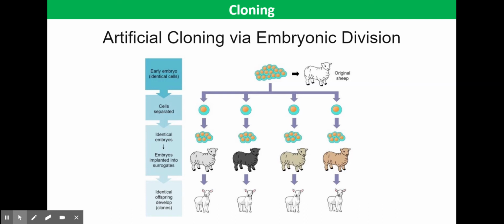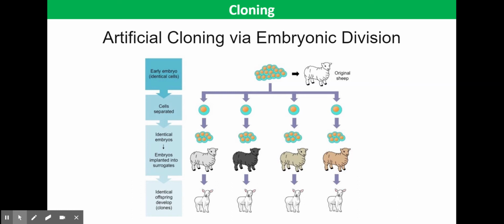The first thing that happens is you take a zygote, so a fertilized egg, and you create that in vitro, so through in vitro fertilization. The zygote is allowed to divide by mitosis to form a small ball of cells. And then those cells, which are still totipotent, are separated out and allowed to then continue dividing separately.